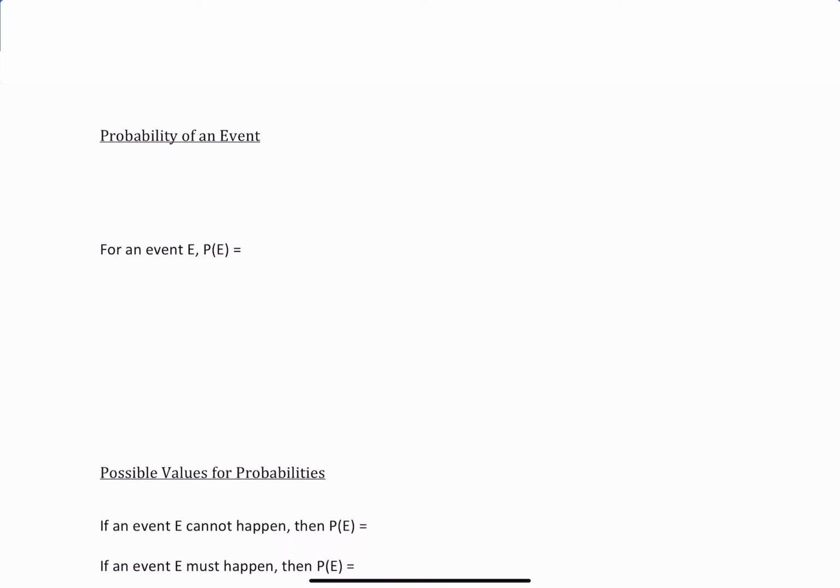That formula is that the probability of an event E is, this is read N of E divided by N of S. What this is referring to is the number of outcomes in the event, I'll just say in E, divided by the number of outcomes in the sample space S.